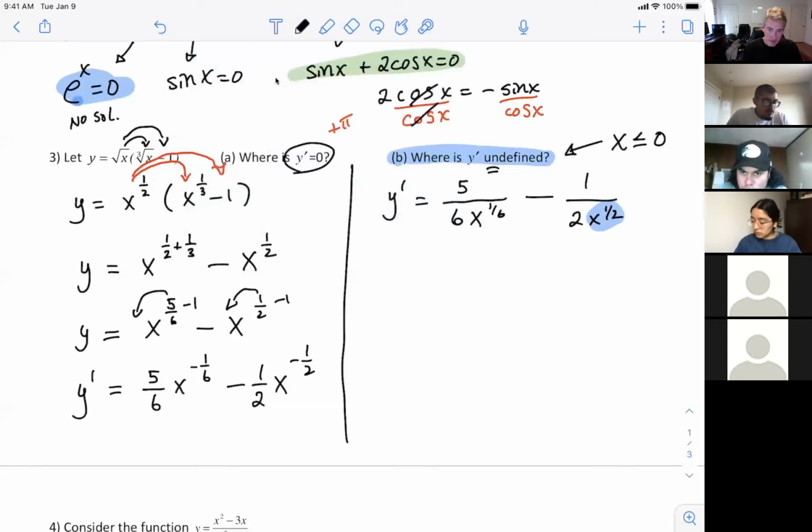Then for part A, when does the derivative equal 0? So just plug in a 0 right here. And then recopy the right side.